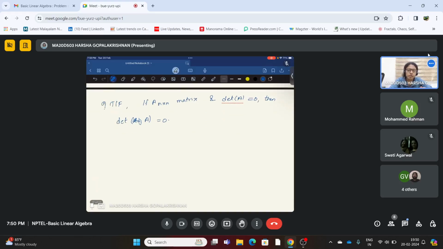So the question is, if A is given with determinant 0, then what about the determinant of adjoint of A, whether it is 0 or not?